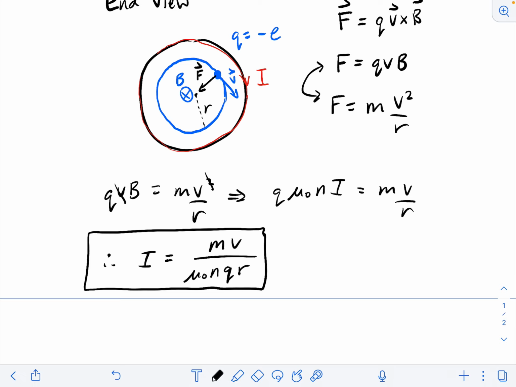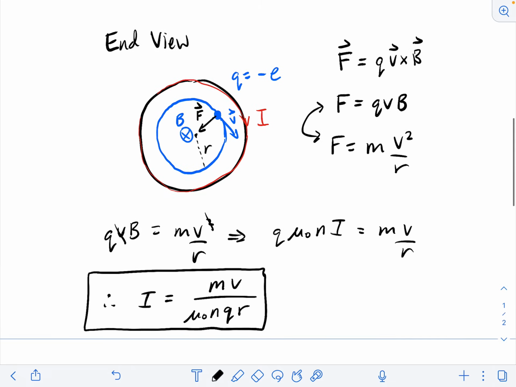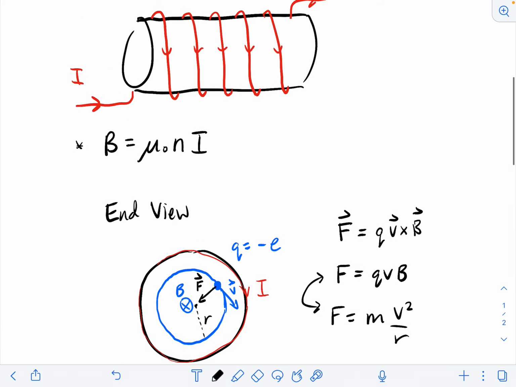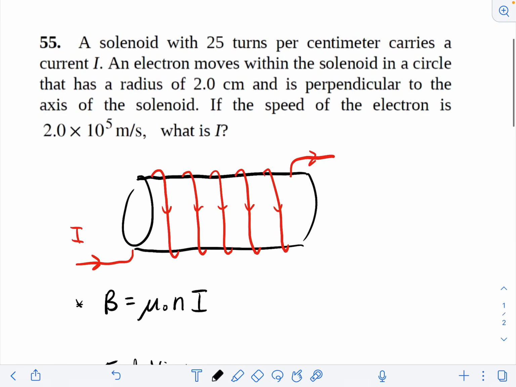So what we're going to do is switch over to a web browser where we can write some Python code, and I'll show you how to do that. Before we do that switch, let's just think briefly about some of the things that we might be able to randomize in this problem. The first thing we have is the number of turns per unit length.